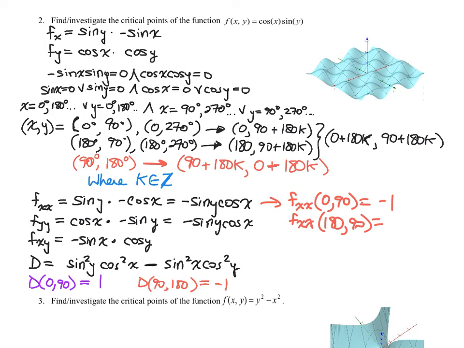I just wrote this one, 90, 180 is what I wanted. It's the same type of point. So 90, 180. Yeah, better. So plugging in a 180 for sine, that's going to zero out.